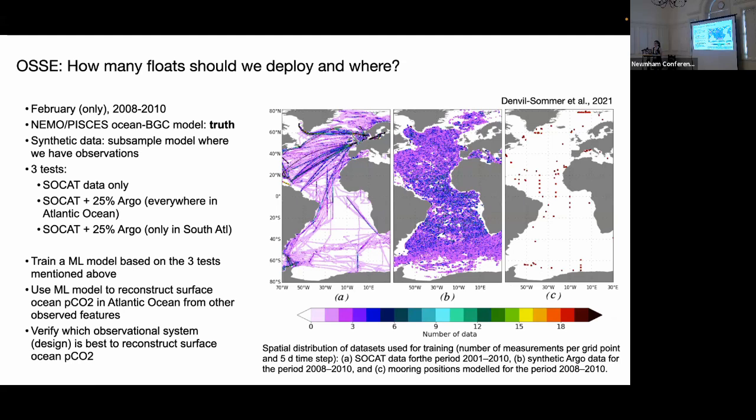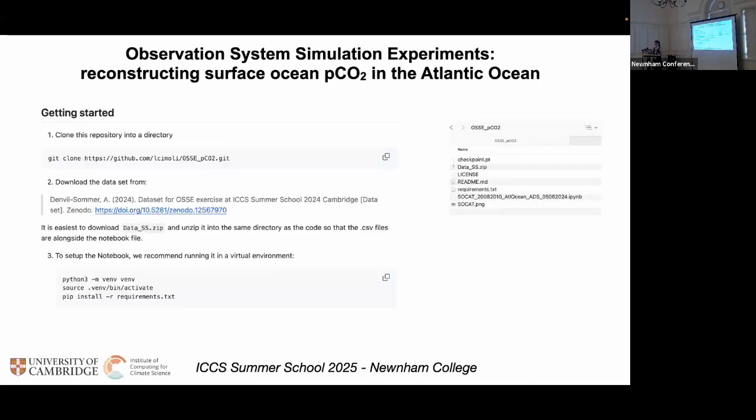Any other questions? Okay, so we are now getting ready for the exercise. I put the link to the repository already in Slack, so hopefully you have done that. Really, there are two things you need. One is a repository, where it is really one Jupyter notebook only that you need to work with.